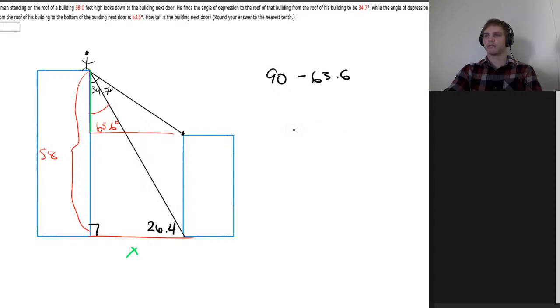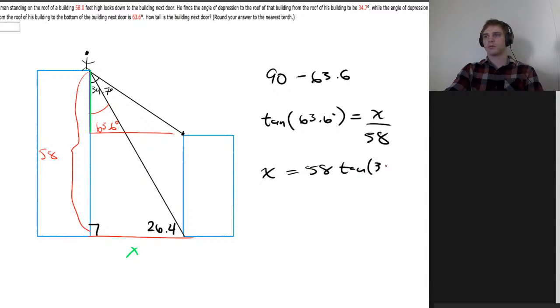About the tangent. Tangent of 63.6 degrees is x over 58. Then we can multiply by 58 on both sides, and x is equal to something.